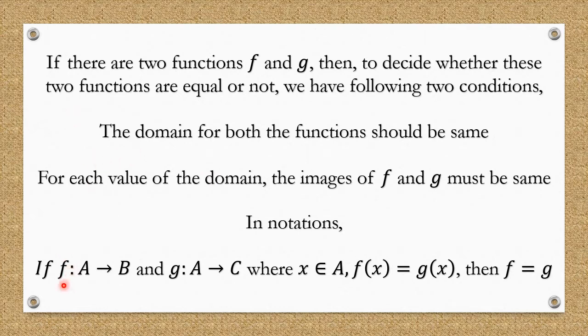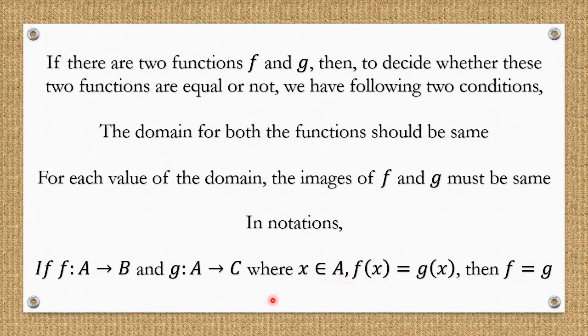So f is a function from A and g is also a function from A. That means the domain in both the functions is the same. It doesn't matter whether the codomain is the same or not. That is not part of our notation here. They may be equal, they may not be same, it does not matter. What matters is that the domain must be equal.